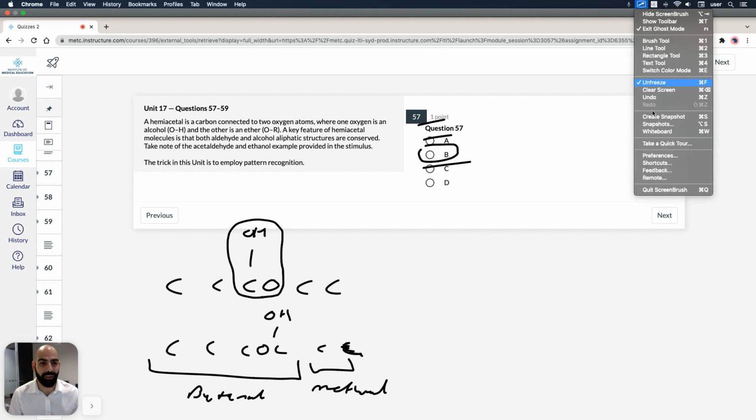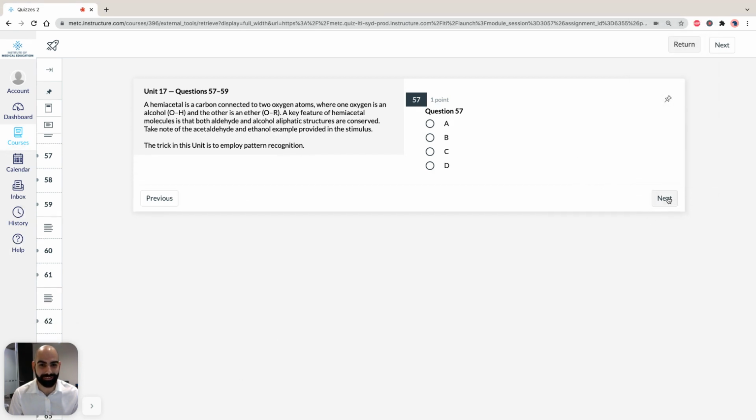Moving on to question 58, it asks which of the following pairs of compounds can be used to form the hemiacetal as shown. Again, let's just draw it. It's pattern recognition: if we draw the carbons, the hydroxyl alcohol group and the ether, we've got 6 carbons, with the hydroxyl group on the 4th carbon and the ether here.